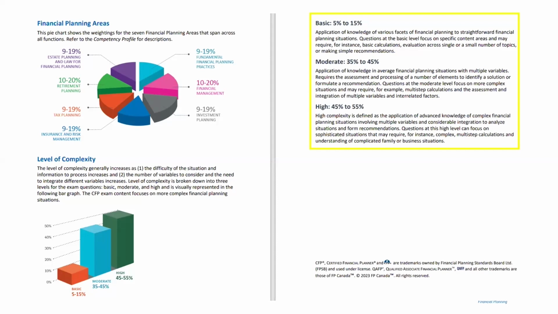Since the CFP exam is designed to assess candidates' ability to apply financial planning knowledge to realistic financial planning situations for clients with more complex financial needs, there will be more moderate and high complexity questions on the CFP exam. The blueprint includes a description of the types of questions that may be encountered at each complexity level.